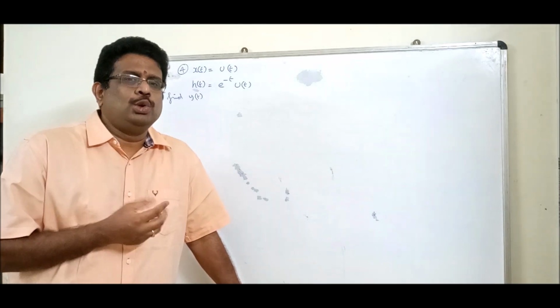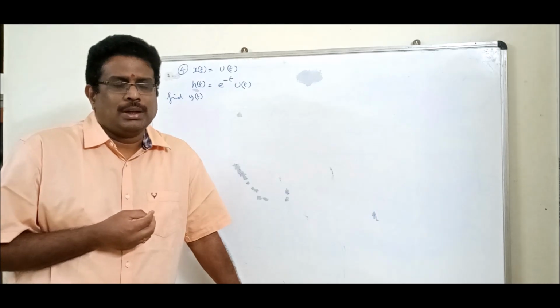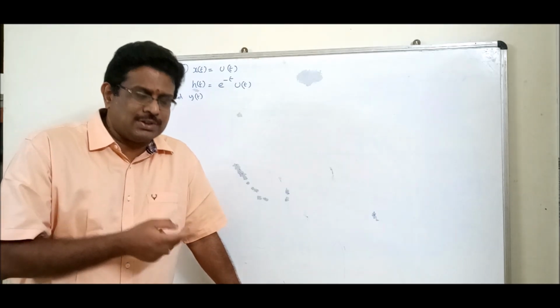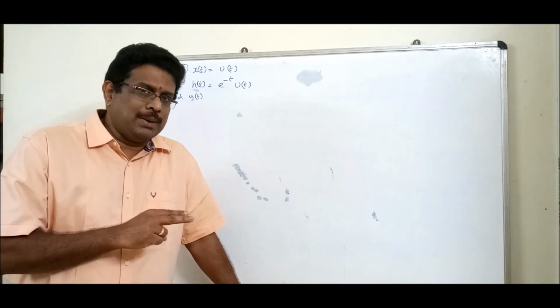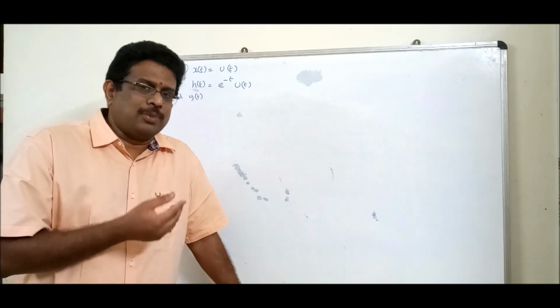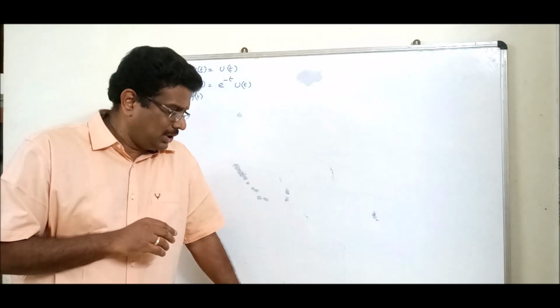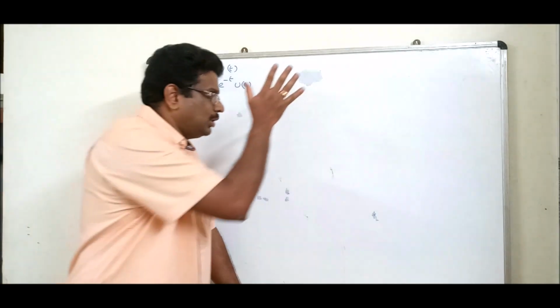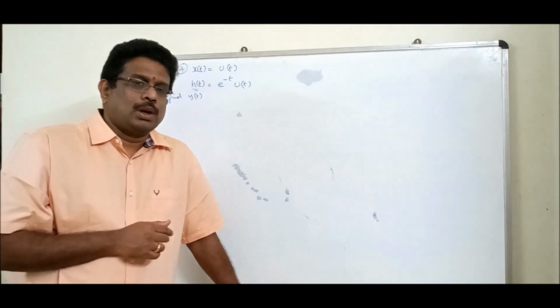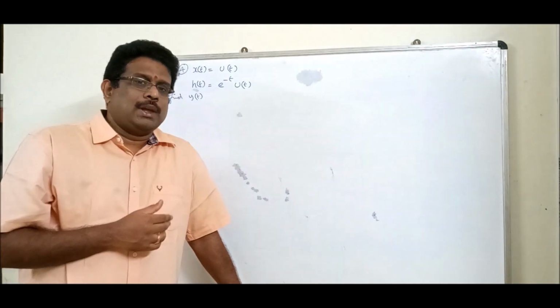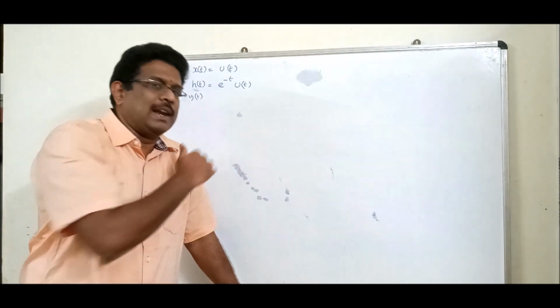Next step, do the preliminary work. That is x of t becomes x of tau, h of t becomes h of tau, h of minus tau, h of minus tau plus t. Once you do these two works, draw both at the same time. One is a fixed signal, the other is a moving signal, preferably.